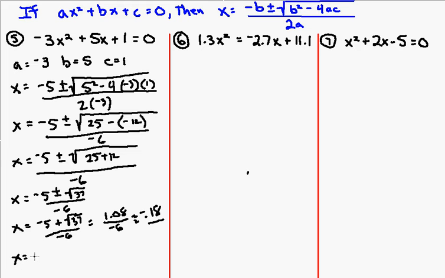Then I have x equals negative 5 minus the square root of 37 over negative 6. So I go negative 5 minus the square root of 37, and I get negative 11.08. So negative 11.08 over negative 6.